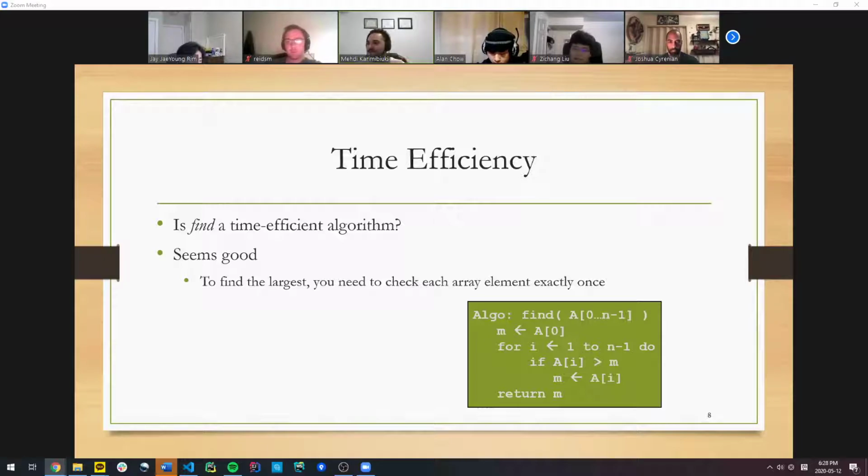So if you think about it, how much time does it take to go through this algorithm? If checking every element takes 1 second, let's say, I'm just exaggerating here, and my array has 10 elements in it, then how much time does this algorithm take?